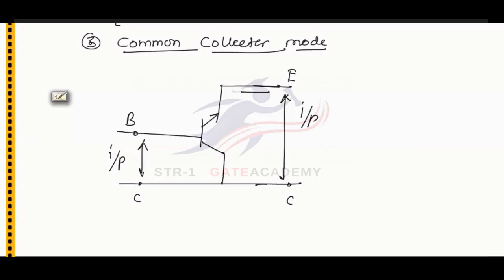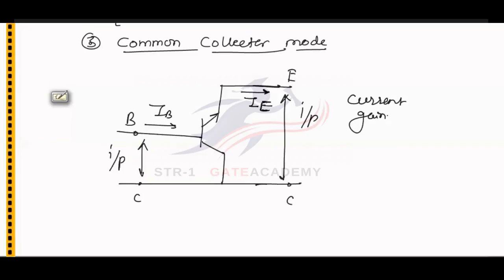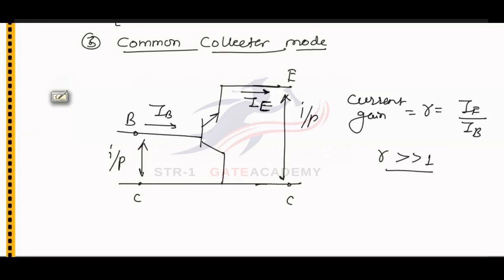In this particular mode, the output current is emitter current IE and the input current is base current IB. We will now define current gain for this BJT, which will be gamma, and it will be output current by input current, and gamma is also very much greater than 1.